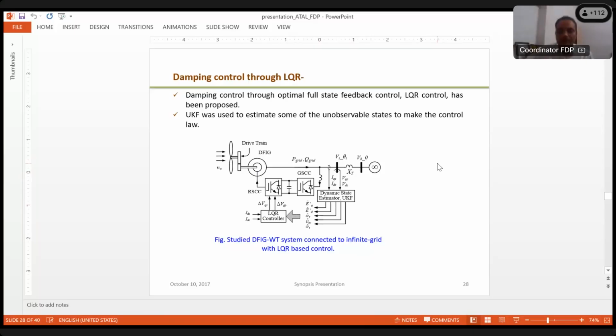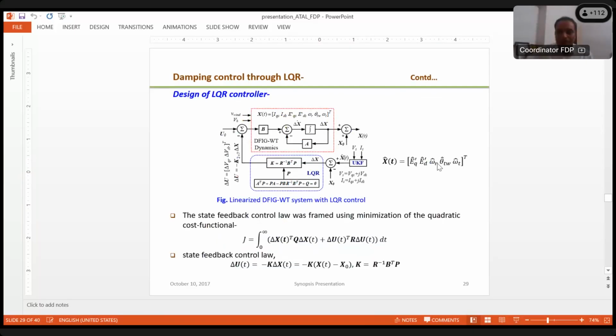So here is the scheme, the basic theme behind this. And here is the mathematical way of that. This is the mathematical model of the wind power generation system, a linearized model of that. We have the LQR, linear quadratic regulator, wherein one internal matrix P is generated, and then this state feedback gain comes out from the algebraic Riccati equation, ARE.